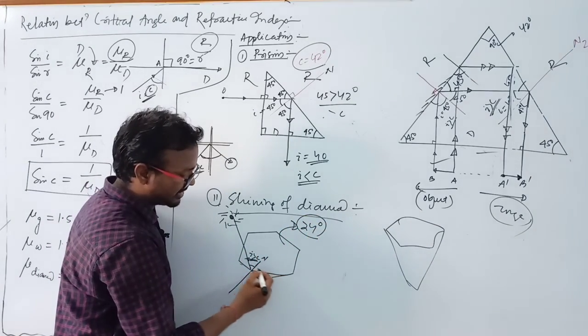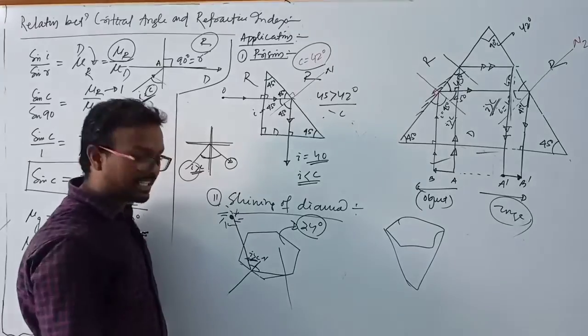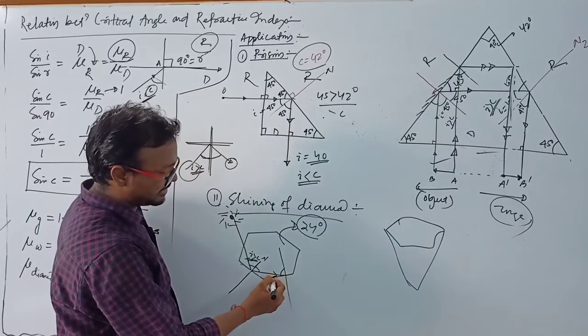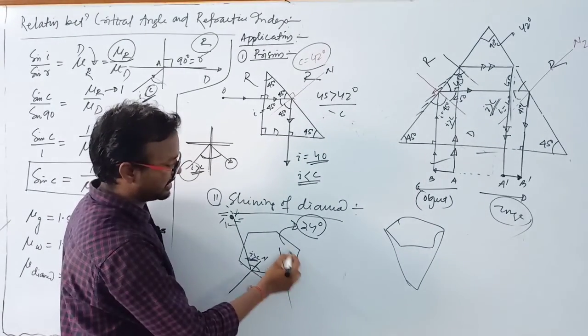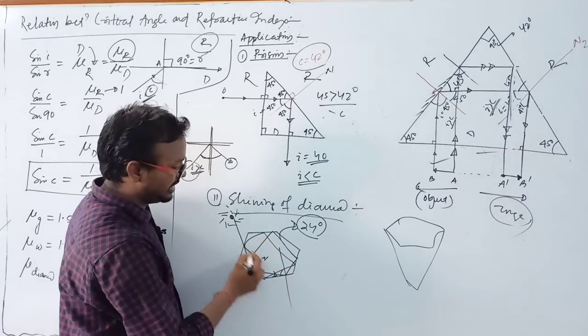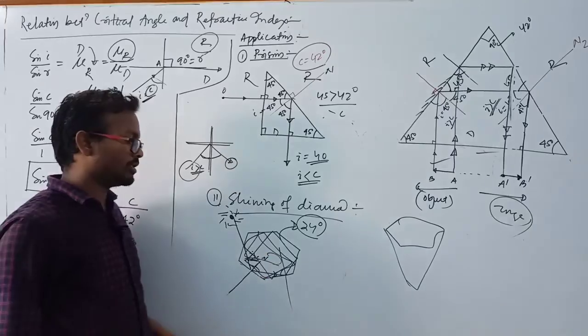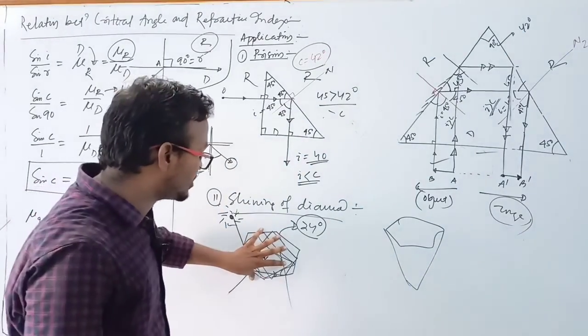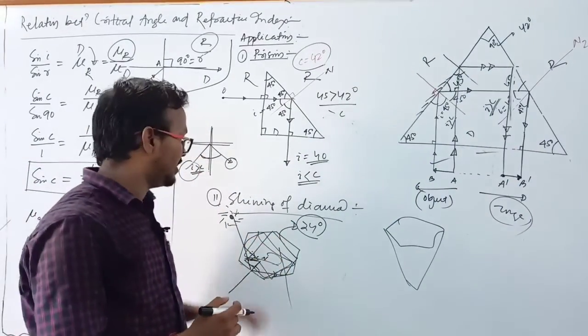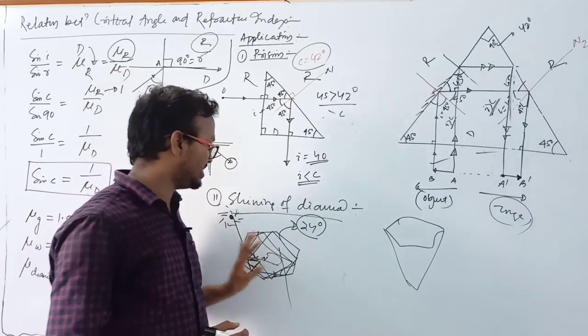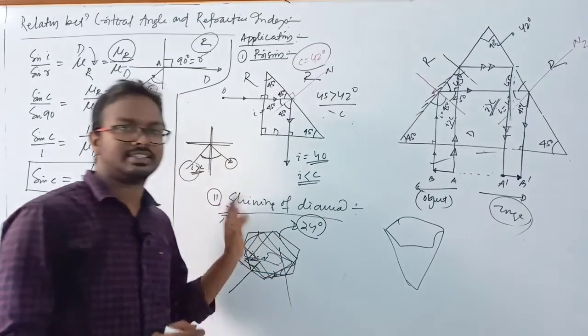So there is total internal reflection like this. And again if we draw a normal here, this angle is also greater than 24 degrees, total internal reflection. In this way, the ray incident within the diamond keeps reflecting, so the diamond looks dazzling, or gives shining, due to this total internal reflection.